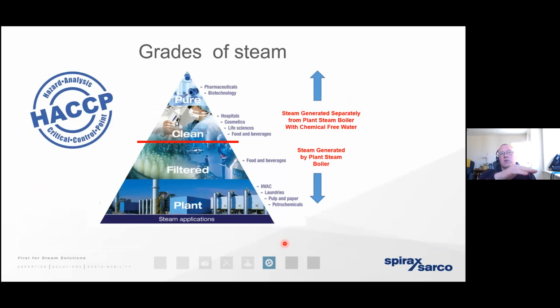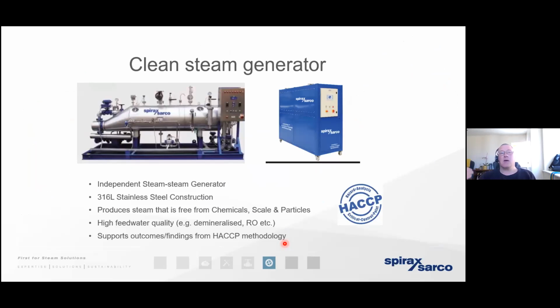We may potentially want to move above the red line and generate what we refer to as clean steam or chemical-free steam. And that's basically where we're generating steam, plant steam, being run in a 316 stainless steel coil through a 316 stainless steel generator that holds a mass of chemical-free water.